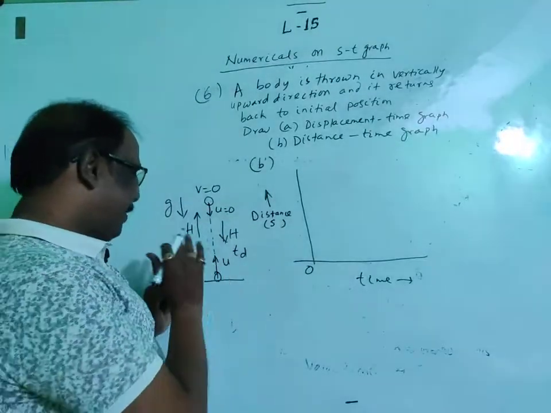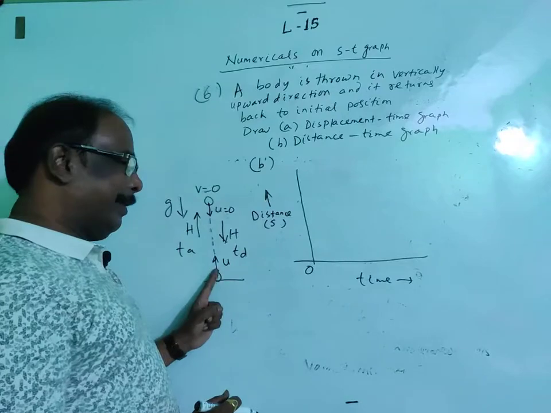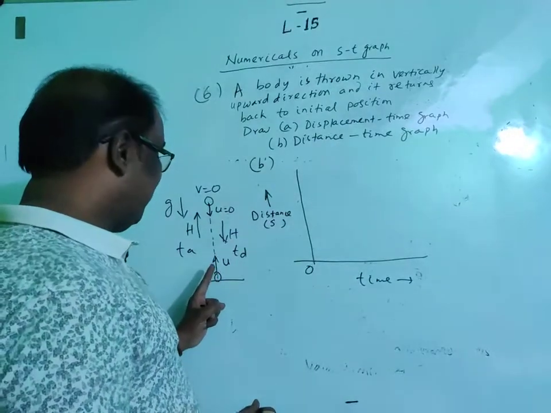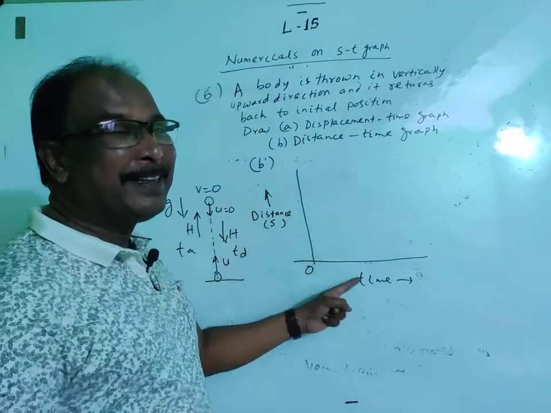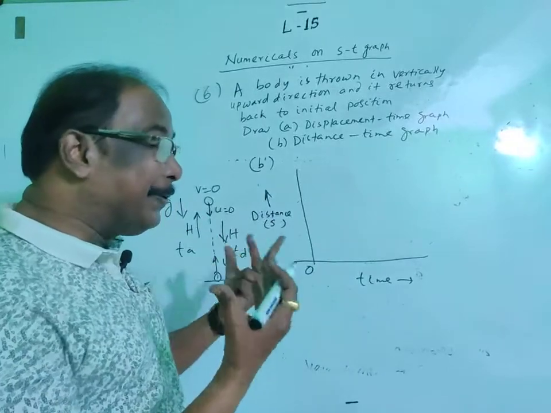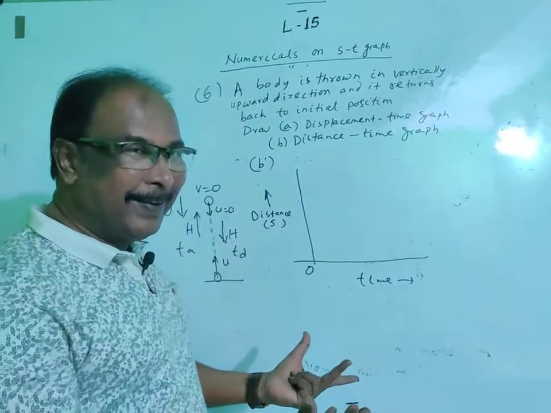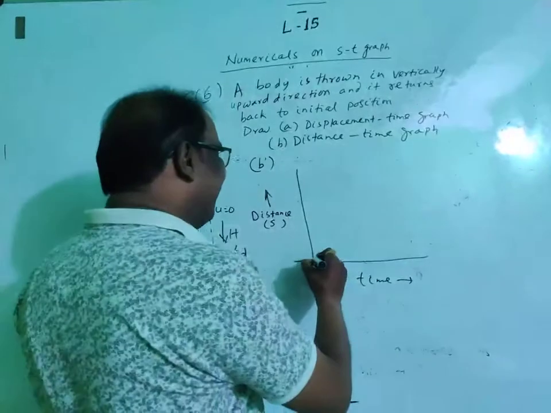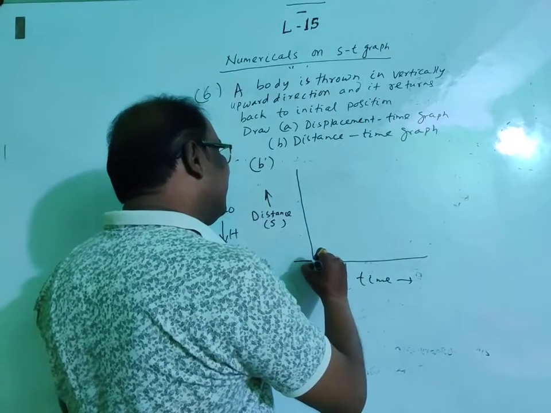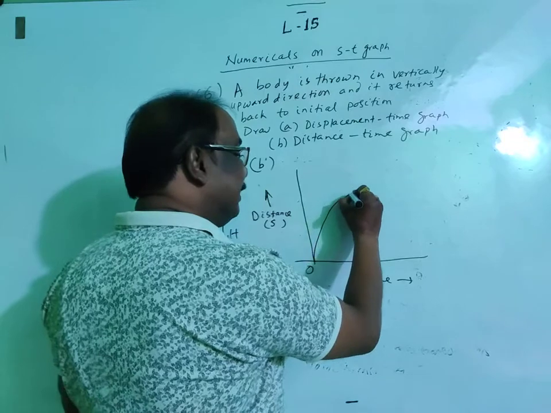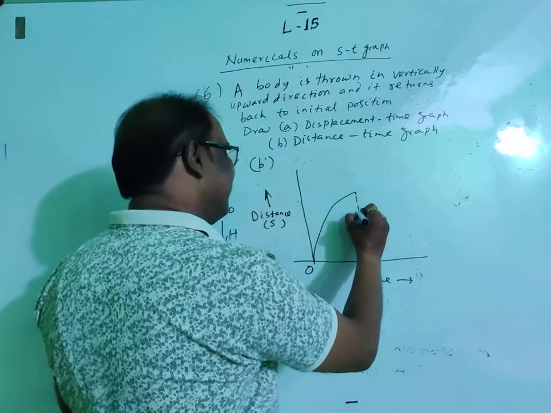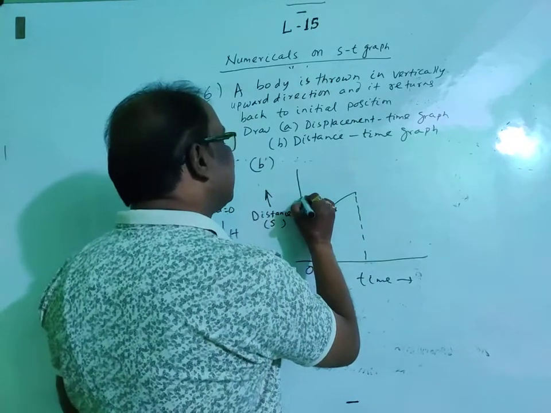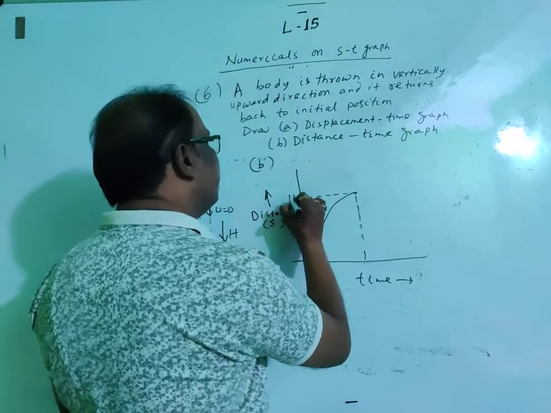So in the first case, it's the graph between distance and time. So distance goes on increasing. But motion is retarded, upward motion is retarded. Distance goes on increasing, the similar graph. This height is h.